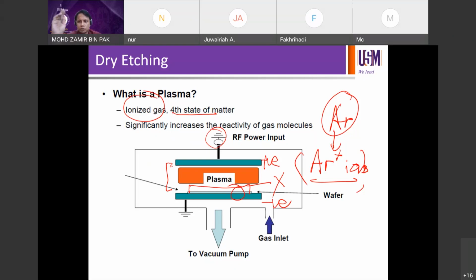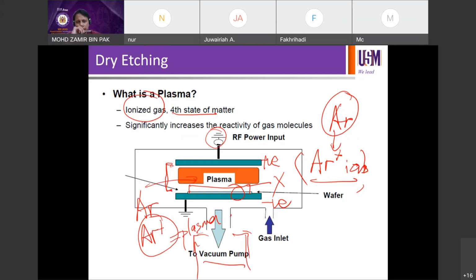Okay, yang atas tu ada dia punya input power, input RF, bawah tu is grounded. Then you generate your plasma in between. So argon gas akan fill up the space in between, and then the gas will be turned into ions. Okay, and the ions here will be the plasma. Then a vacuum pump to vacuum the chamber.